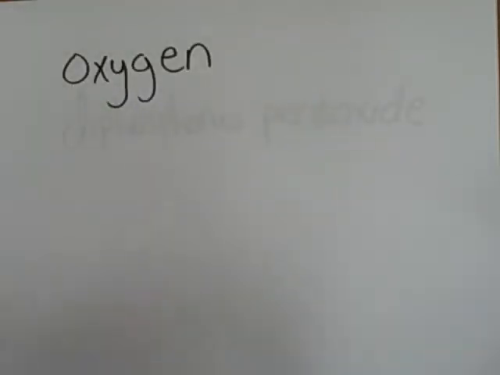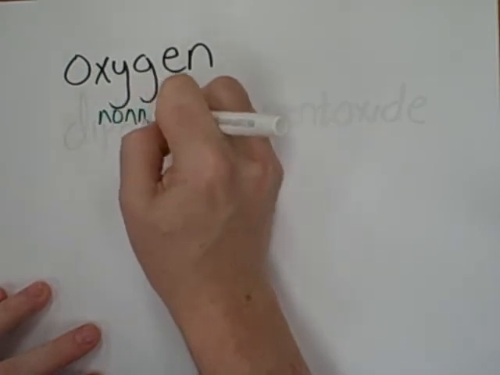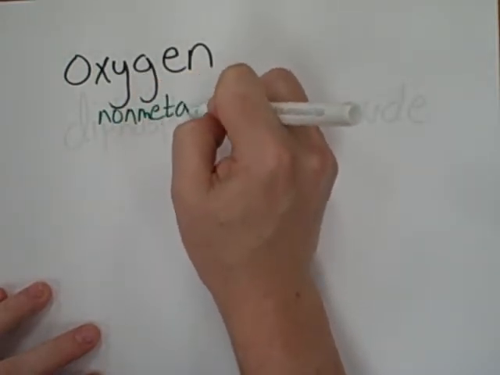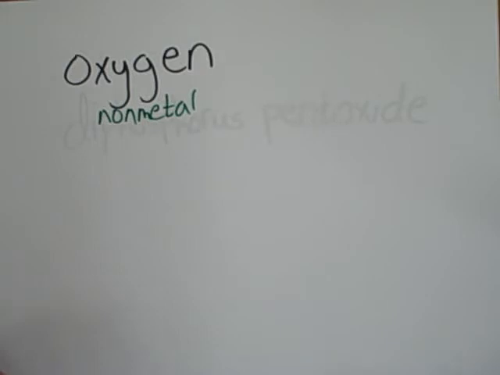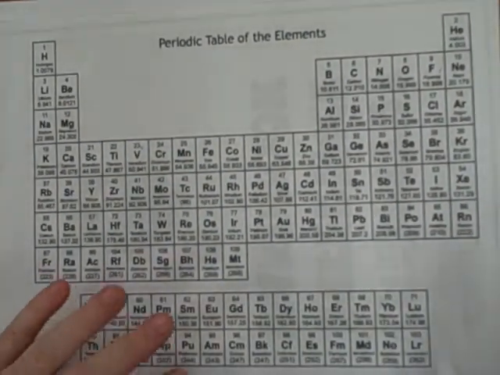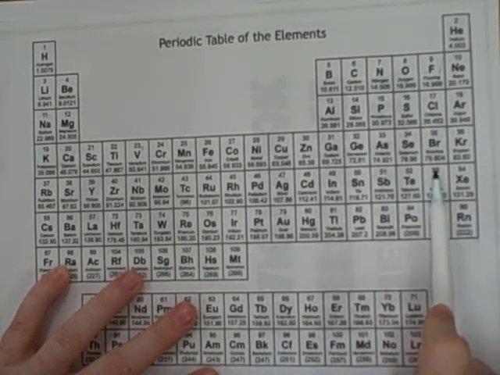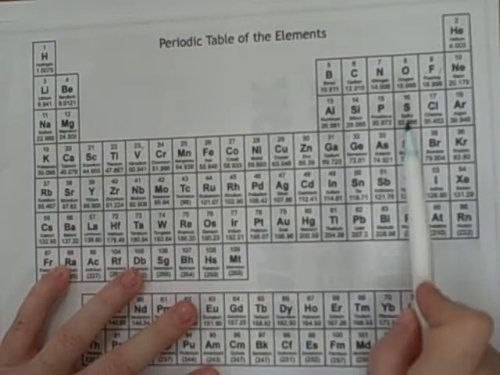Next we have oxygen. Now when you have a nonmetal that is by itself and it's one of the diatomic 7, it is going to always be bonded to another one of the same element. So if you look on the periodic table, remember the diatomic 7 is nitrogen, oxygen, fluorine, chlorine, bromine, iodine, plus hydrogen.